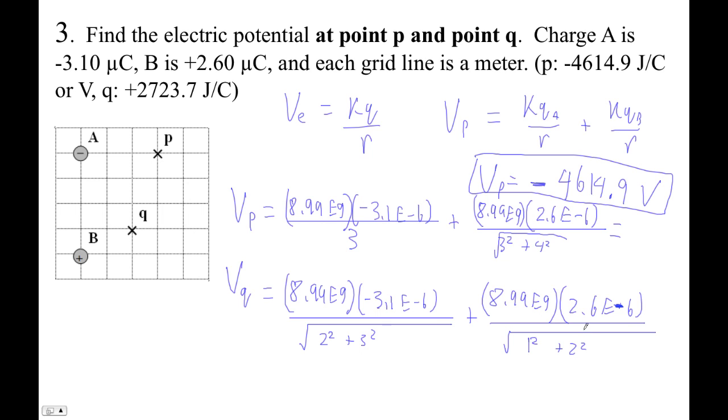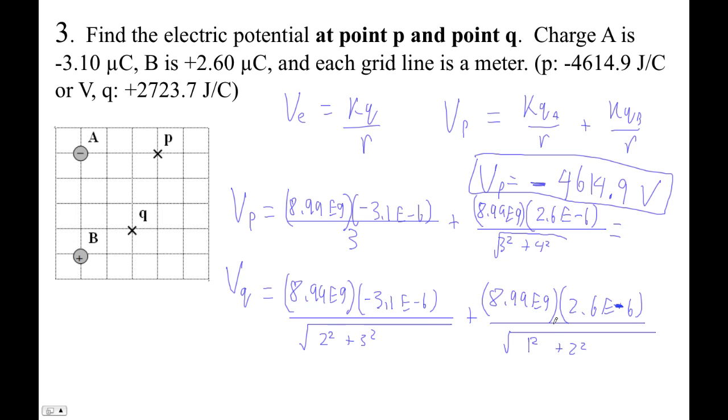Delete, and then I'm going to go second insert, square root, left parenthesis, and then 2 squared plus 3 squared. All right, and then this guy is 1 squared plus 2 squared. Did I do that right? 2 squared and 3 squared. There we go.